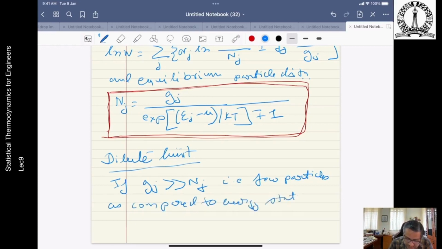So it is like a stadium where there are a lot of seats, but only very poor attendance. Very few people have shown up. So there are very few particles as compared to the energy states that are available.